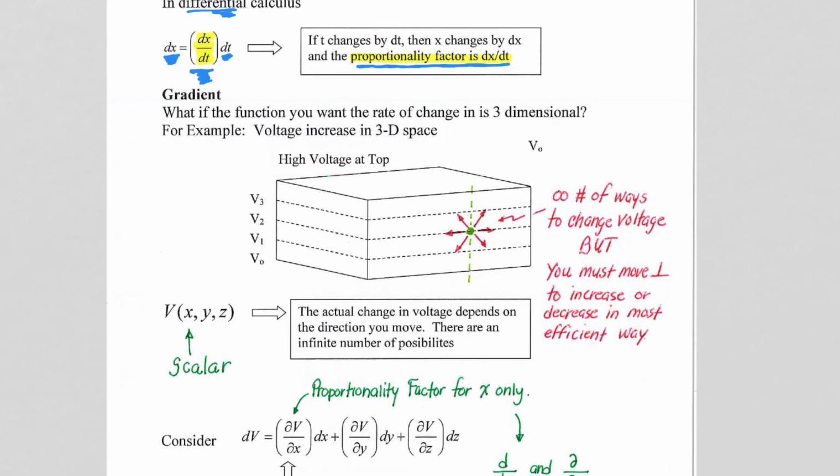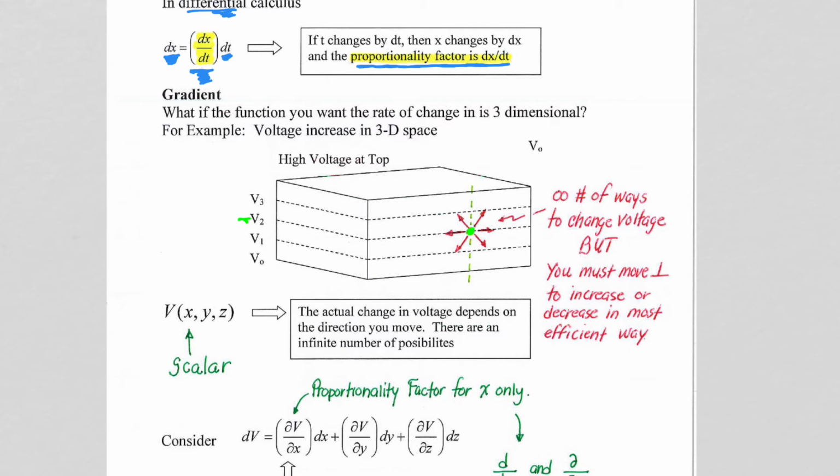Well, the gradient is understood by looking at how these voltage lines will correspond to specific changes as we move in space. So for example, if we start at a voltage, whatever V2 is, it doesn't matter the value, but we're going to start at that voltage. If we move off that voltage line, how would our voltage change?